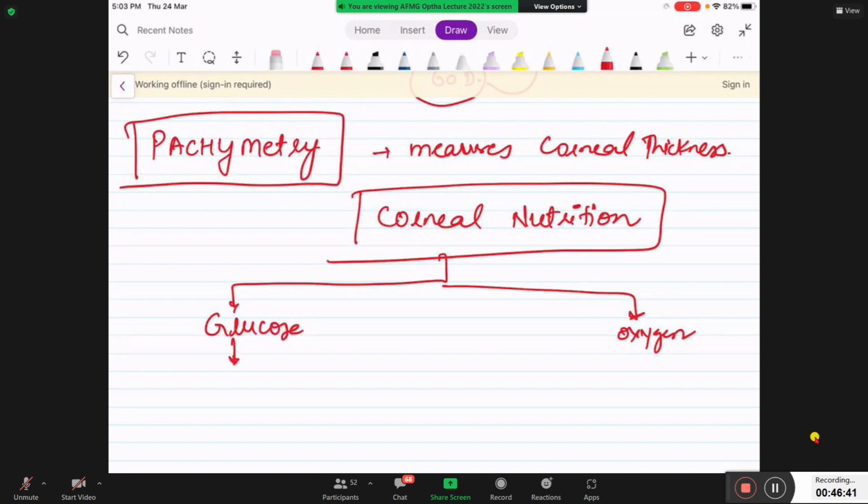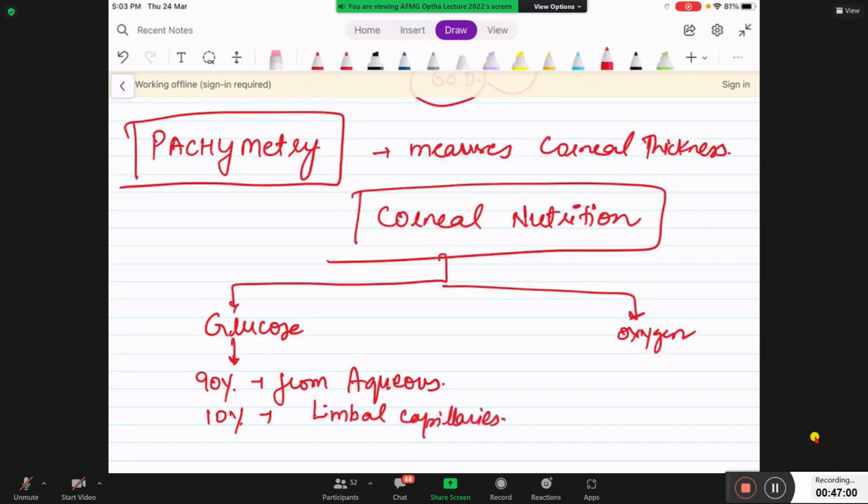Write down, this glucose, 90% is coming from aqueous humor, and 10% is coming from limbal capillaries, right? And this oxygen is coming directly from air.